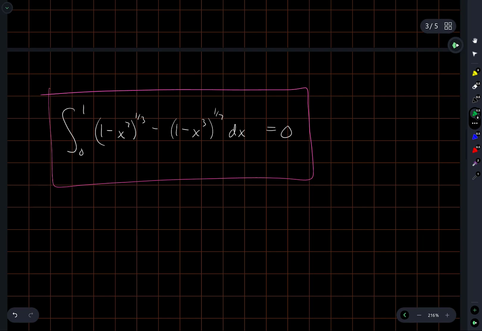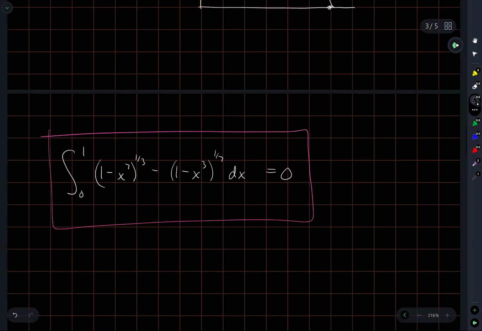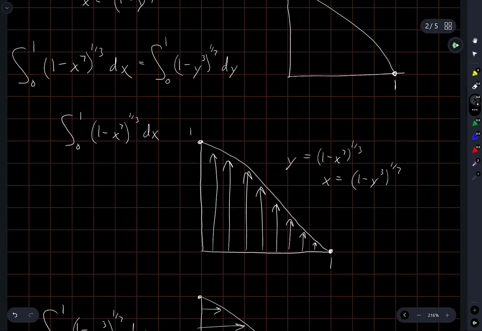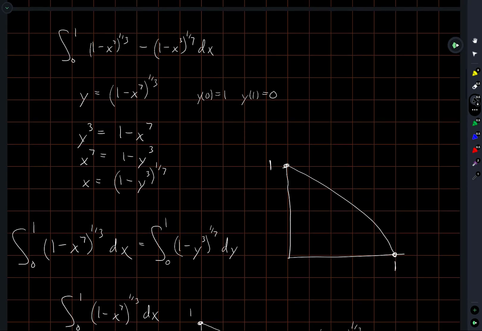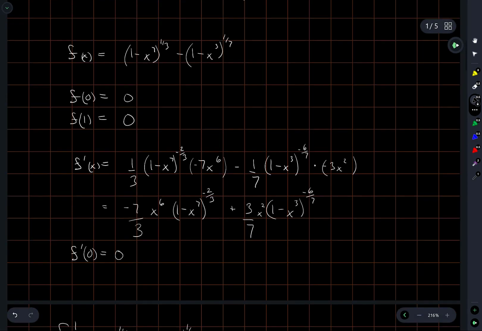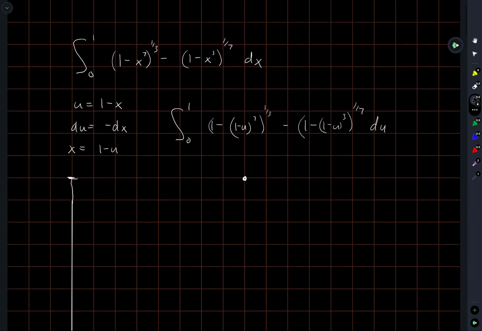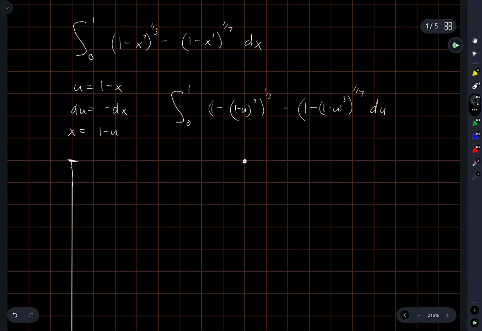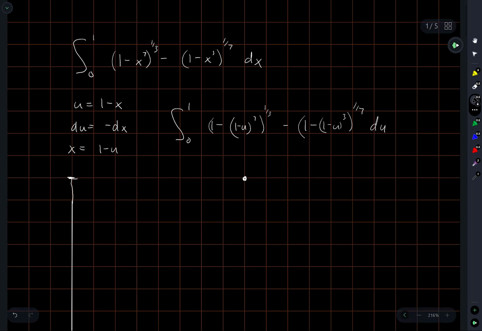I don't really know exactly what the important intuition here was to get to this part, but yeah, I stumbled around a little bit. If I go back and rewatch this recording, I think I did say something about trying to interpret this as the area of a subset of the square.